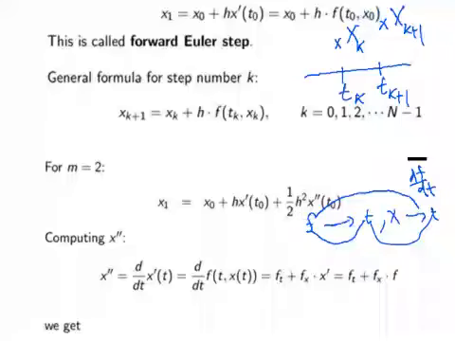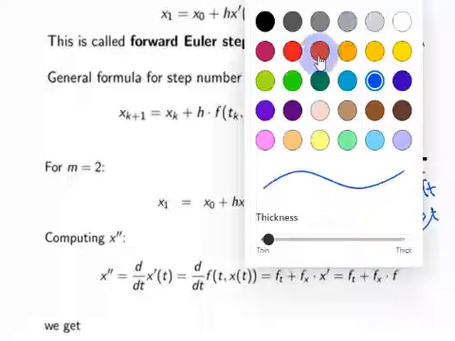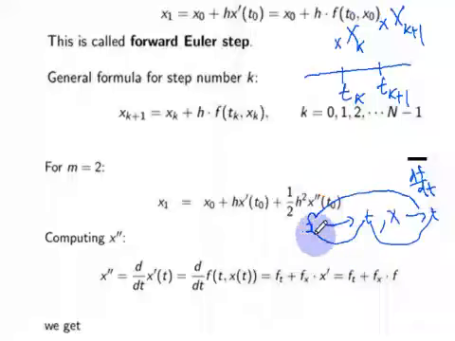And next one, I will use another color. The derivative of f with respect to x, which is this, and the derivative of x with respect to t, which is x prime, because x is a function of single variable t, right? That's why you get x prime.